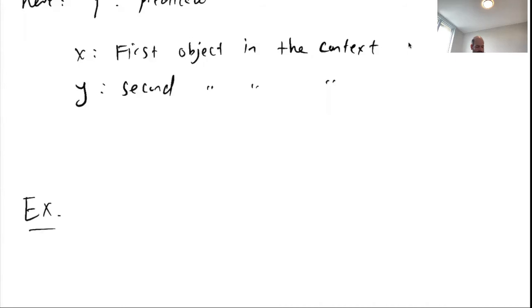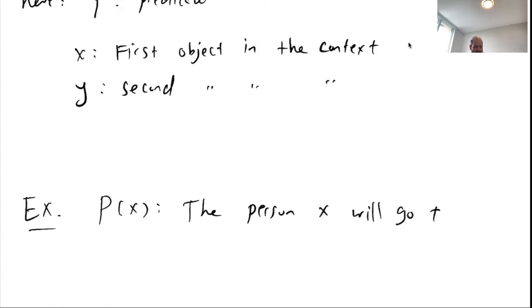So for example, P of X could be: the person X will go to a mall tomorrow.